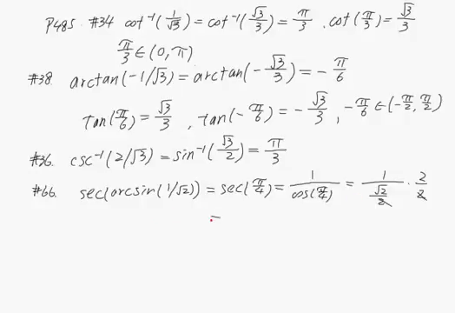Then you get 2 over root of 2, right? And you can rewrite the 2 as the square of the root of 2. So you have 2 factors of root of 2, and this product is equal to 2. So you cancel 1 root of 2. Then finally you get root of 2.